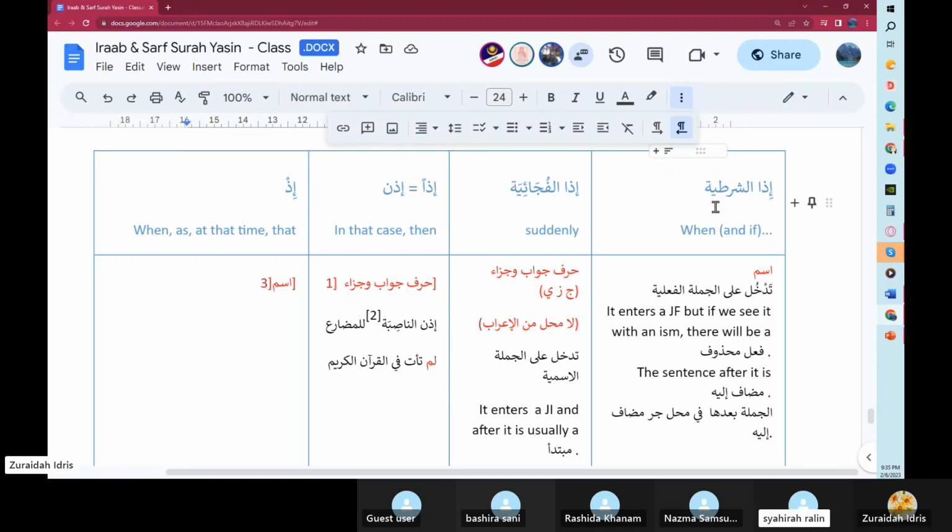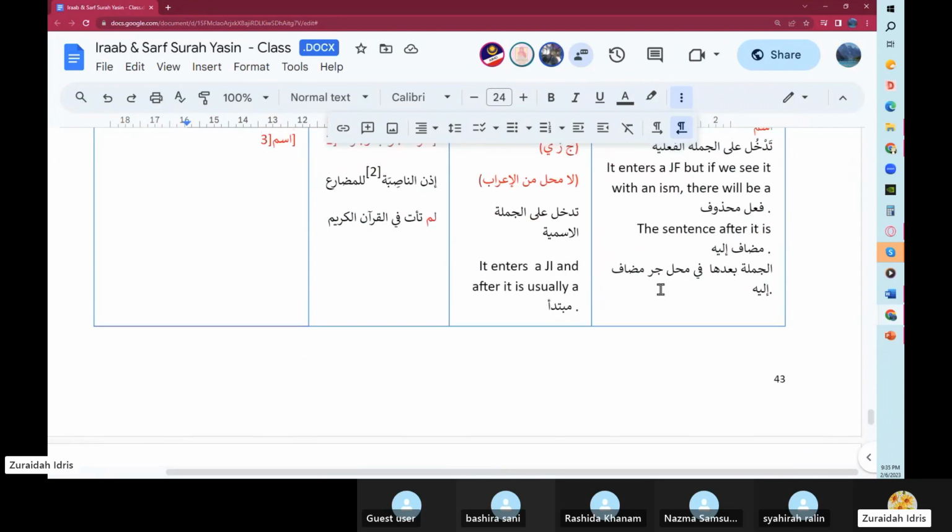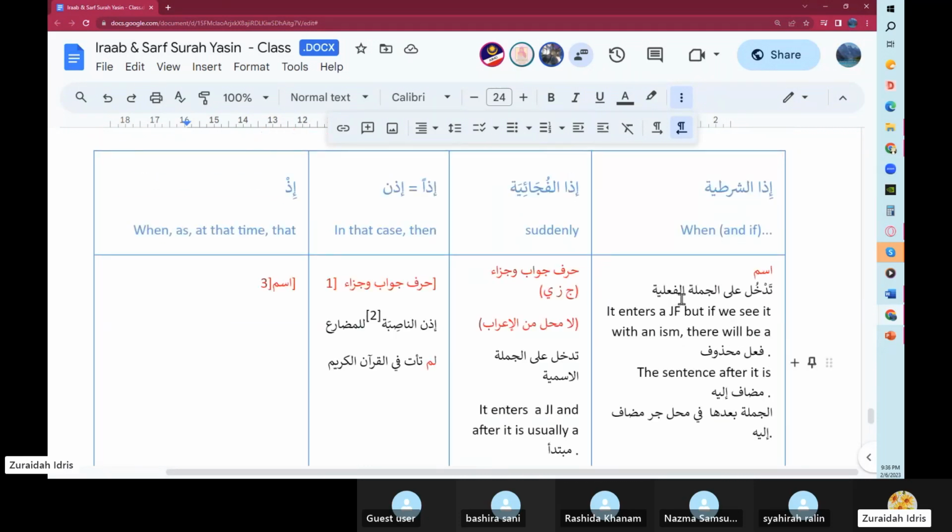Like I said, one is an isim and the other one is a harf. The shartiya will come with a jumlah fi'liyah.